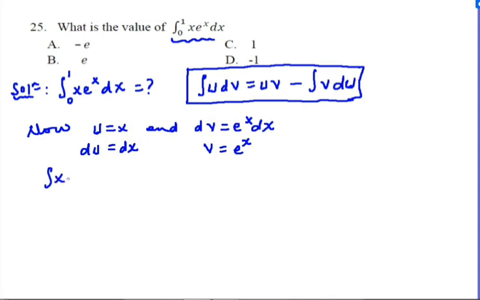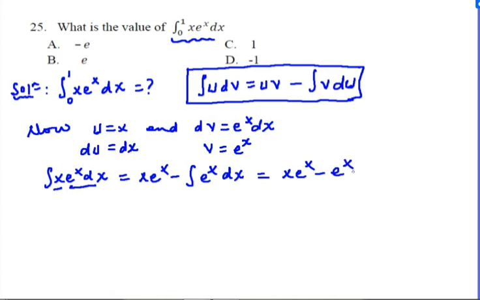The integral of x e to the power of x dx is equal to uv, x times e to the power of x, minus the integral of v du. v du is e to the power of x dx. So this integral is x e to the power of x minus e to the power of x. There is always a certain integration constant, but in the case of a definite integral, that constant will not have a meaning.